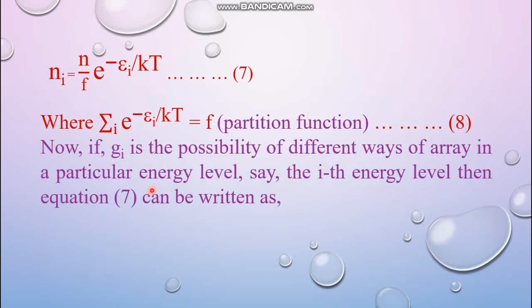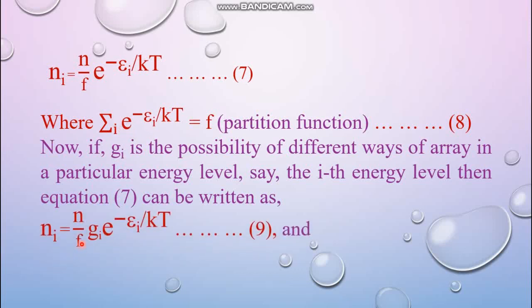Now if g_i is the number of different ways of arrangement in a particular energy level, that means g_i is the statistical weight factor or the degeneracy. Say the ith energy level has g_i number of splittings, then equation 7 can be written as follows. So just divide n_i by g_i. So g_i would go here, and here also g_i would be merged.